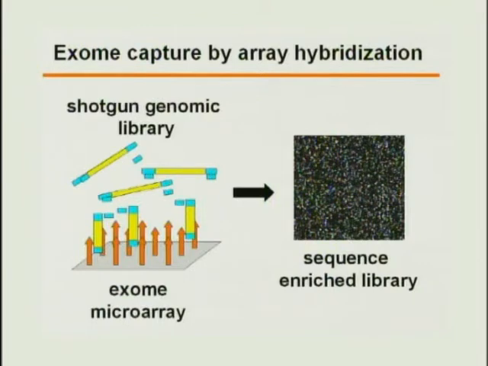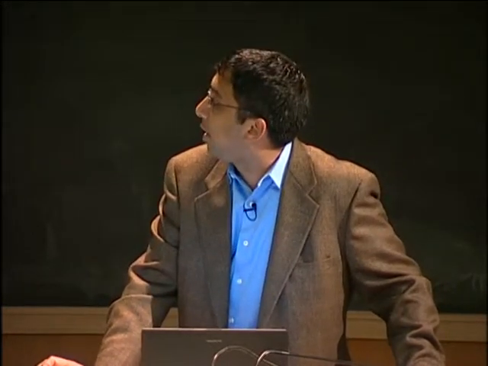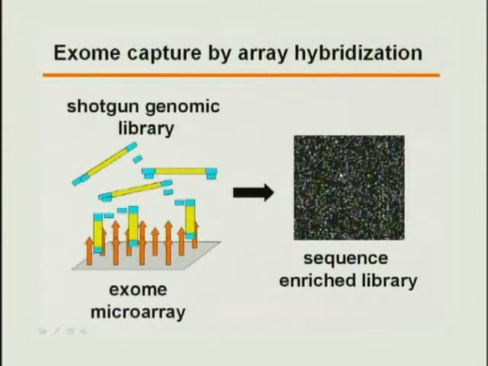We order a programmable microarray from Agilent or NimbleGen, and the features on that microarray correspond to human exons. We simply hybridize the shotgun library to the array, and that enriches for sequences derived from the exons. Then we elute the specifically bound material off the array and sequence that on a massively parallel sequencer.